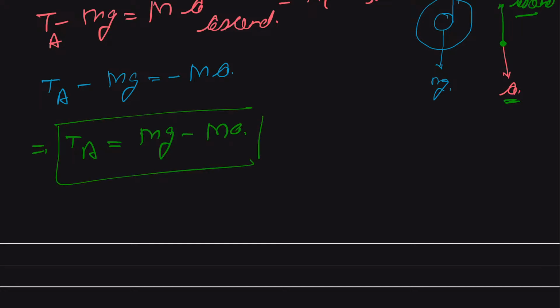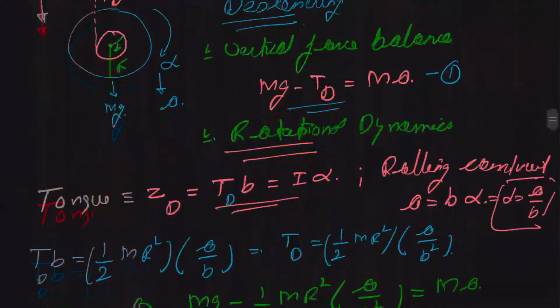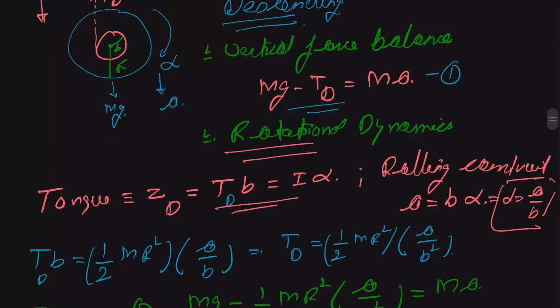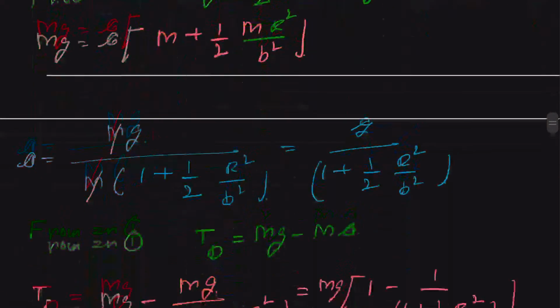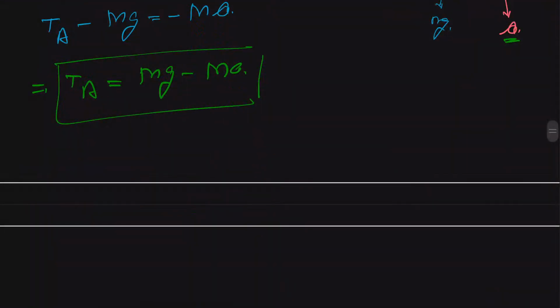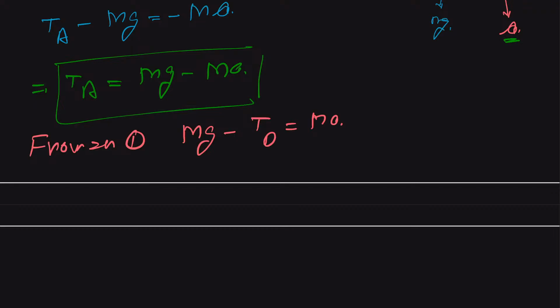So if you look closely, this equation is the same as this equation. Let me write it from equation 1. From equation 1 we have mg minus T descent is equal to ma, and from here we can write T descent is equal to mg minus ma.